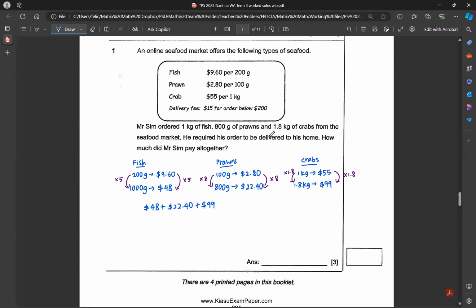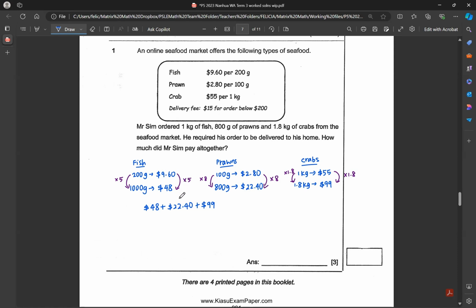So if the cost of your items falls below $200, you have to pay this extra delivery fee. But if your items cost above $200, then your delivery fee is waived off, it's free delivery for you. This is how it usually works also.